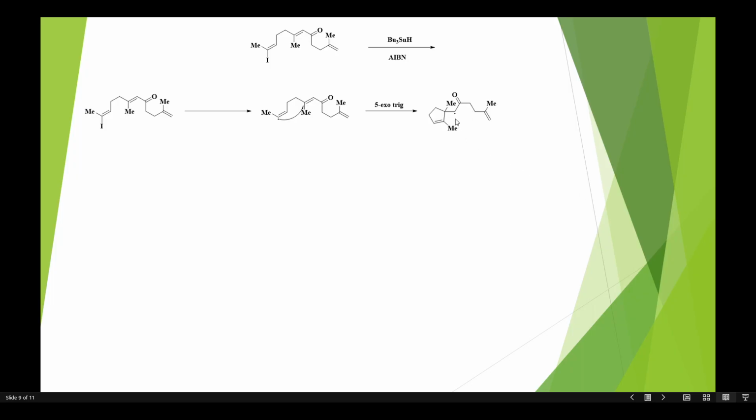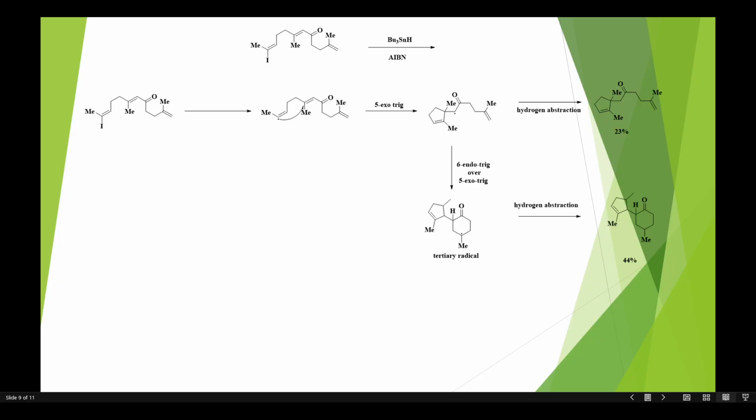After that, the acyl radical will react with our hydrogen, and you will get the corresponding product, and it can also undergo a 6-endo and also a 5-exo cyclization.